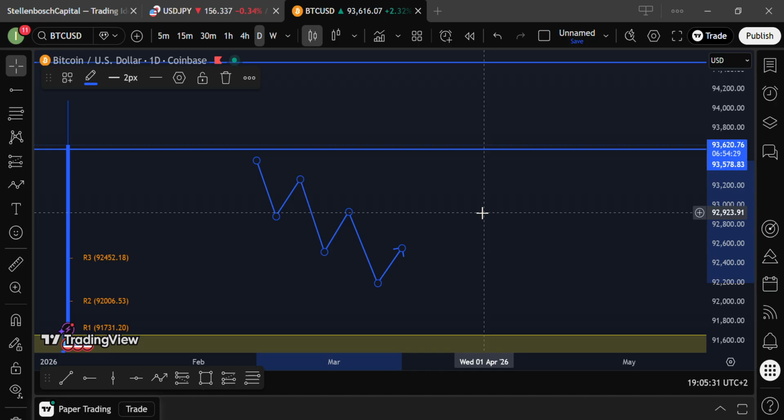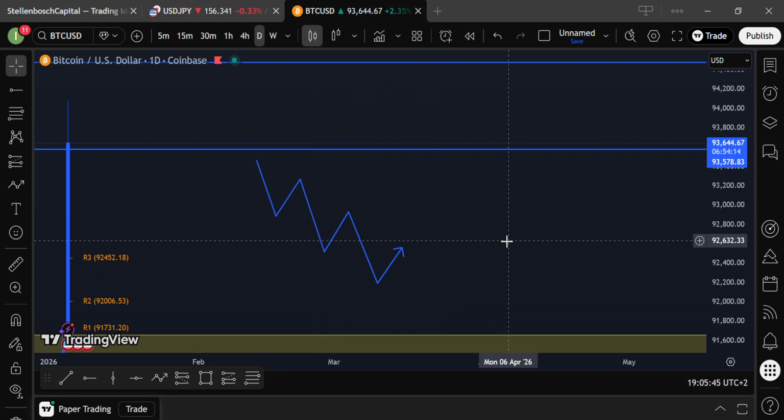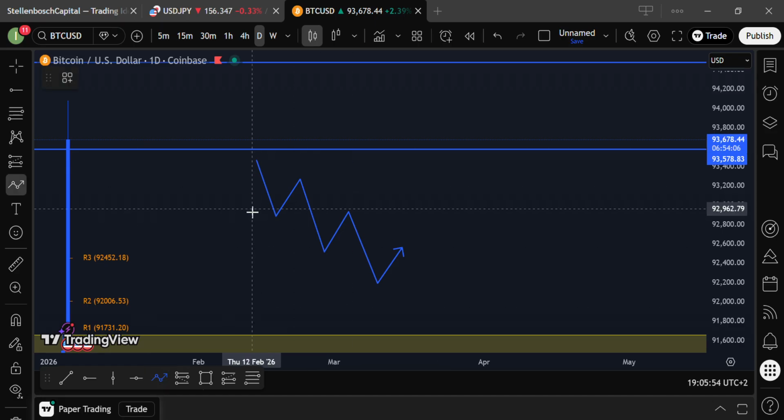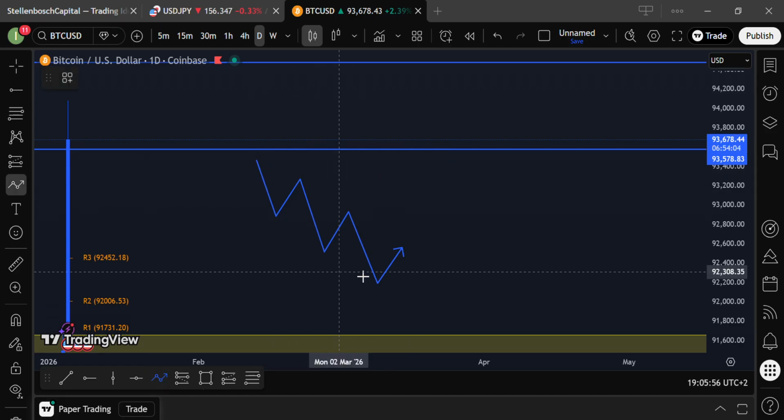Because trends are the most important things that retail traders are supposed to catch, where retail traders are profitable, right? Market structure consists of higher highs and higher lows, and lower highs and lower lows, basically a lower trend and a higher trend. So this right here is a lower trend.